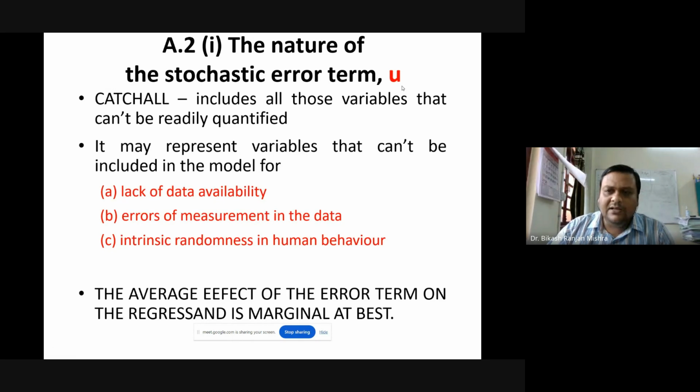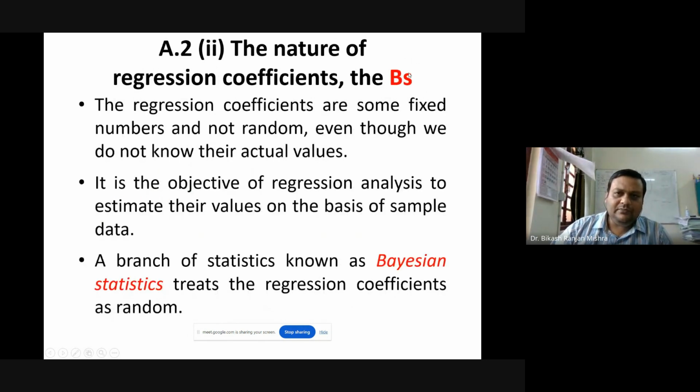So basically, the U or the error term is the average effect of all the regressors' marginal effects, and whatever is not covered by the regressors is captured under the catch-all term called the error term or U.